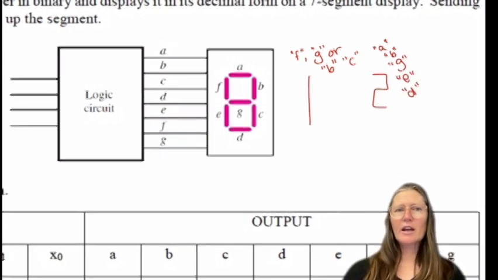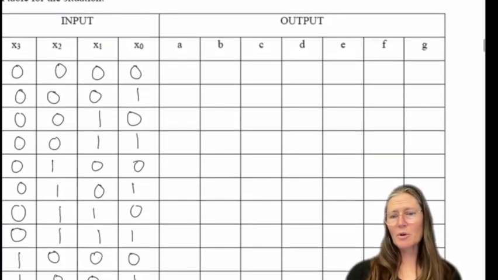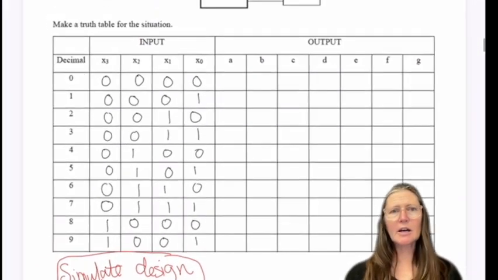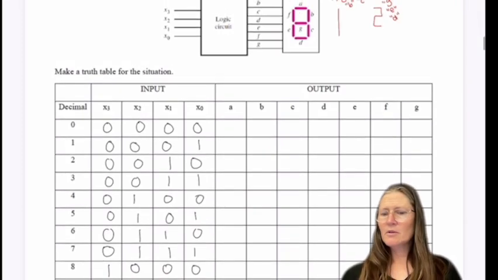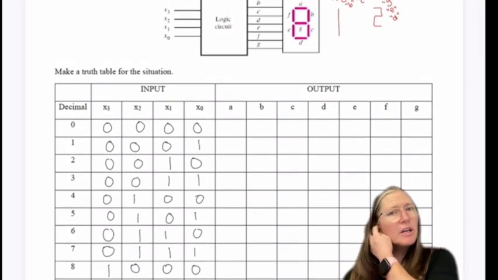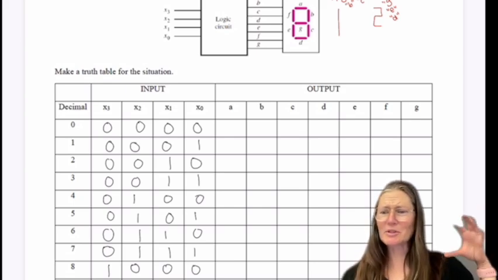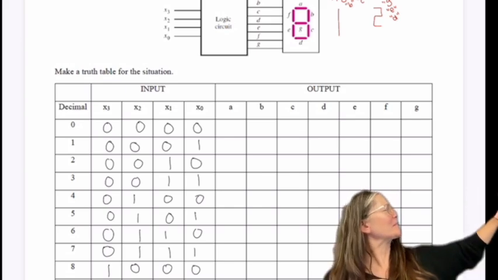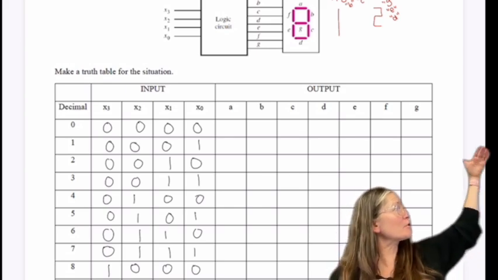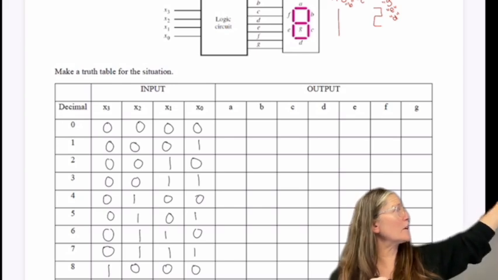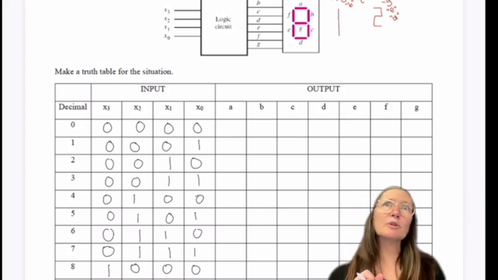So go ahead and fill in this truth table. I already put in the numbers, so 0, 1 would be that one. Note that these binary numbers correspond with the decimal number itself too.